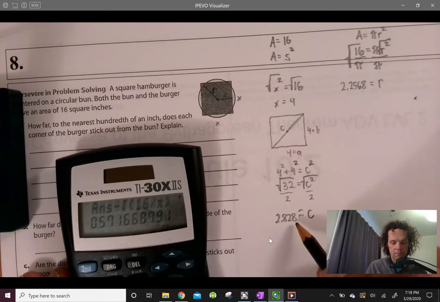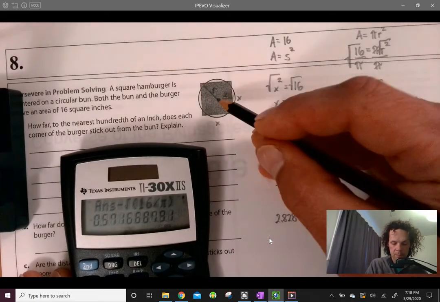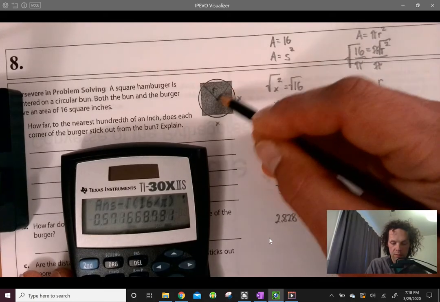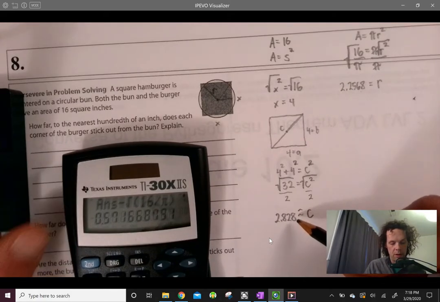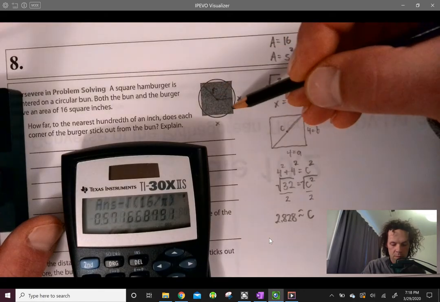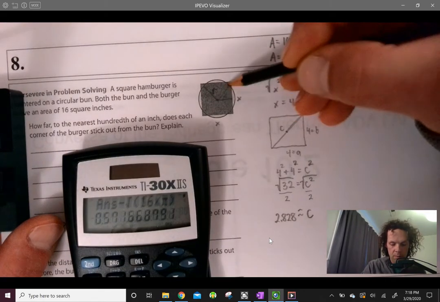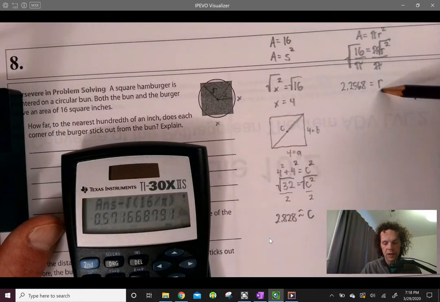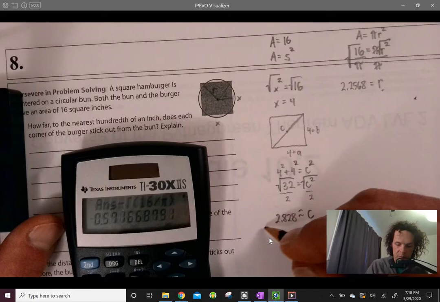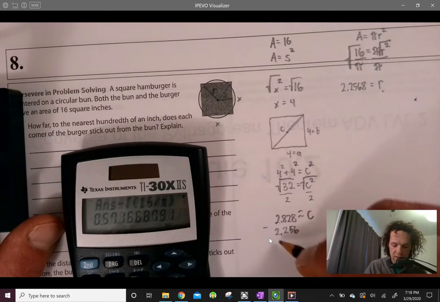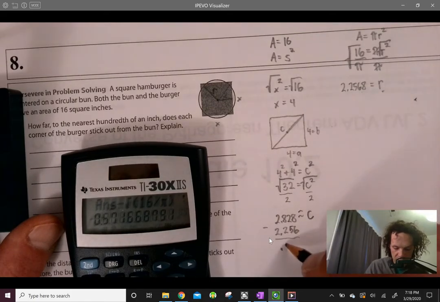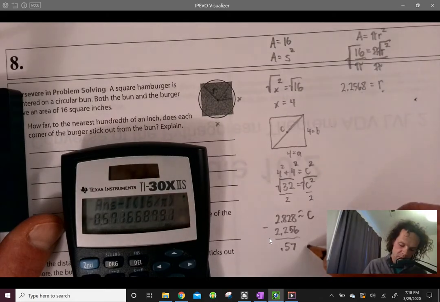The burger is square, and this right here is 2.82, and the bun is circular, and this right here is 2.2568, and the difference, minus 2.256, is approximately 0.57 inches.